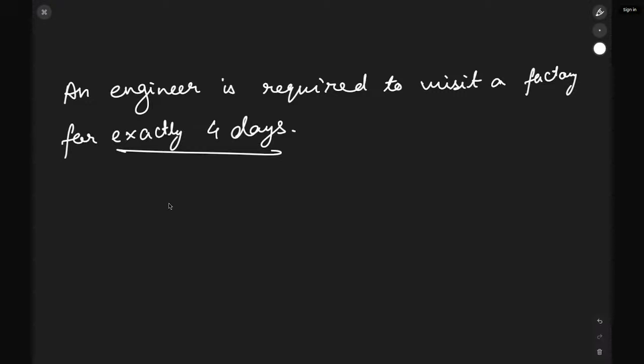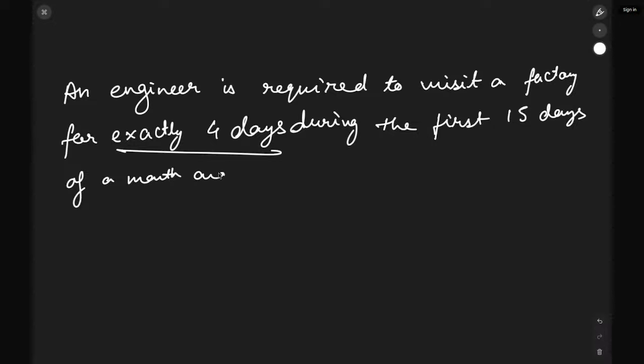So now an engineer is required to visit a factory for exactly 4 days during the first 15 days of a month. All right.